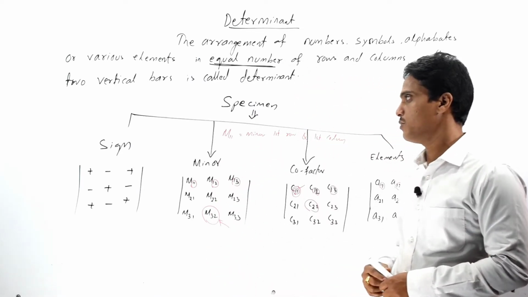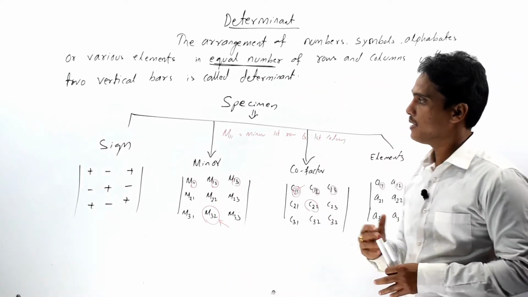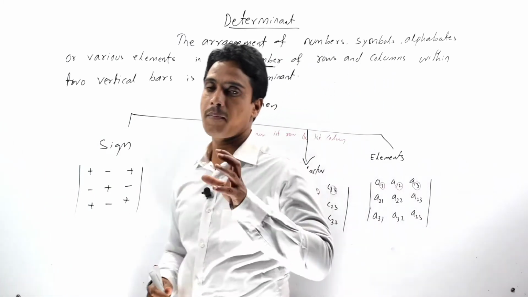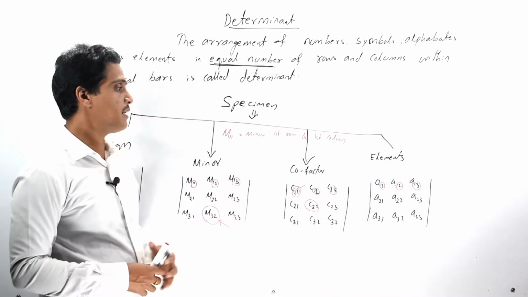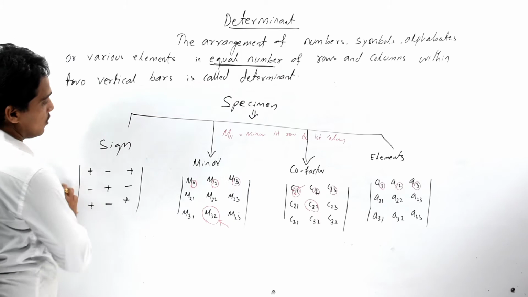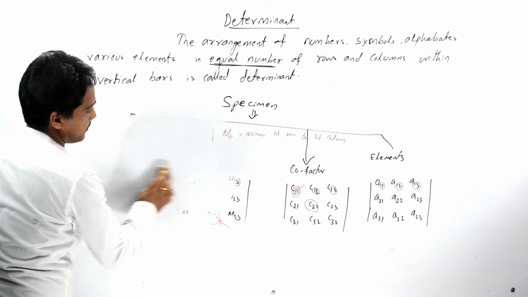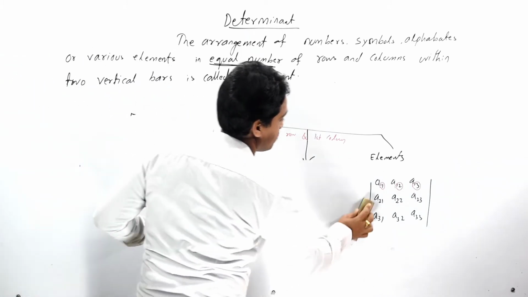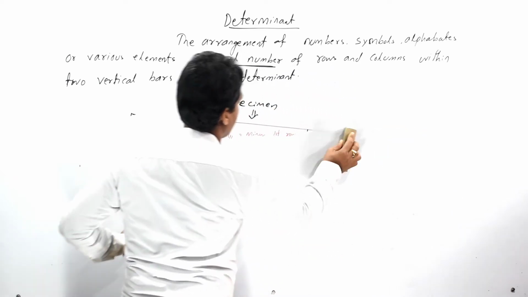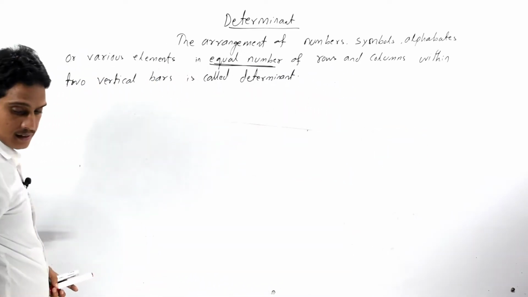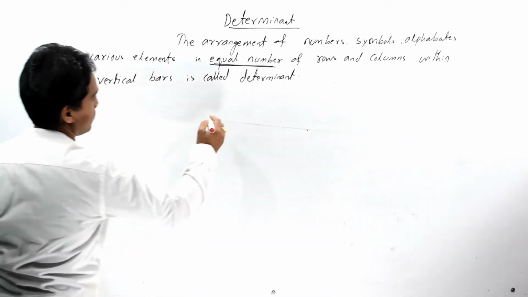Now we shall consider different methods of finding the value of the determinants. Now we come to the various methods of computing the determinant value.